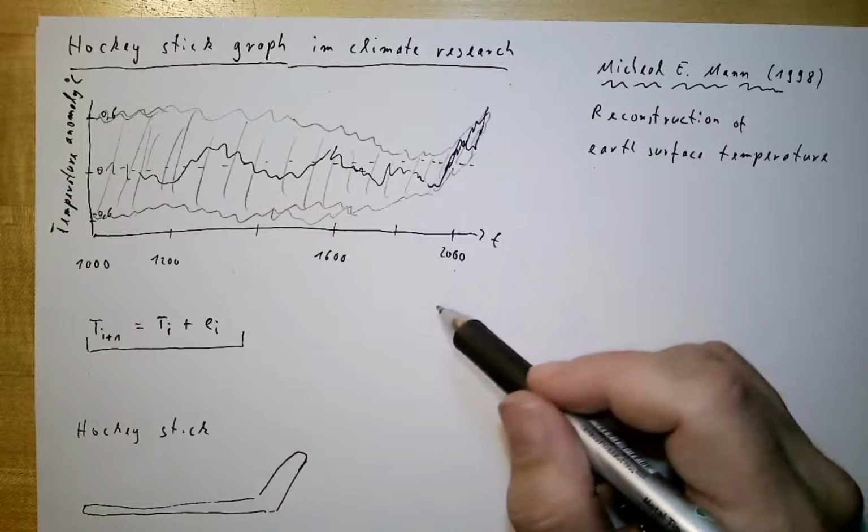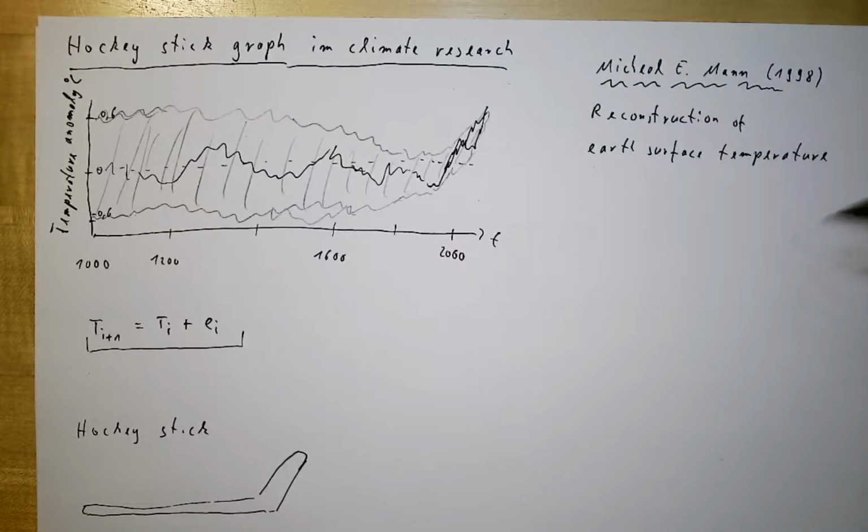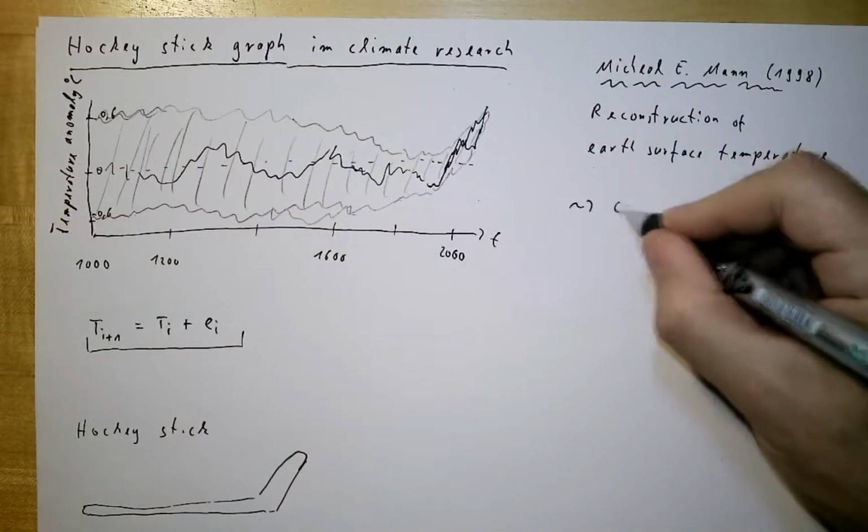And so this was the whole debate. And so Mann published this paper, and then he got all these problems. So this gave the whole controversy.